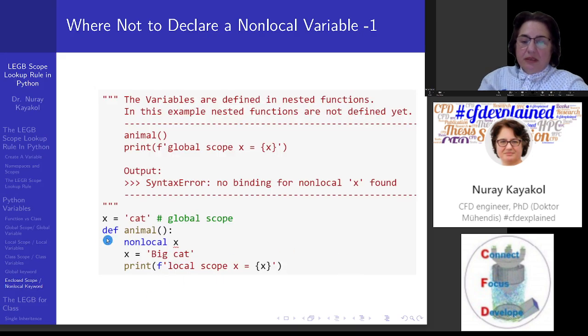Now let's talk about nonlocal. You learned that if you define a function inside a function, whatever you do is in local scope and local variables are defined. So you might think that you can use a nonlocal keyword here and change the value of variable x inside of the animal function.